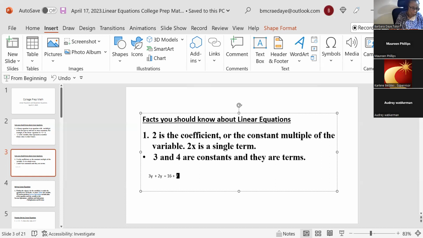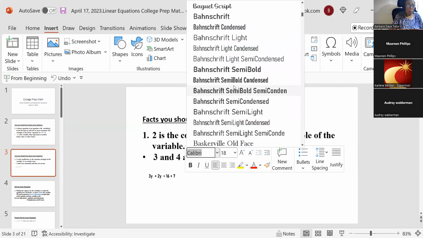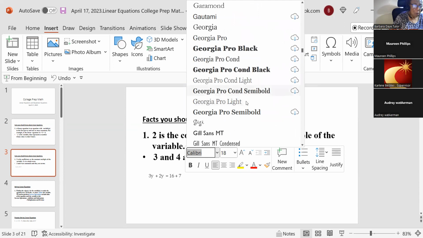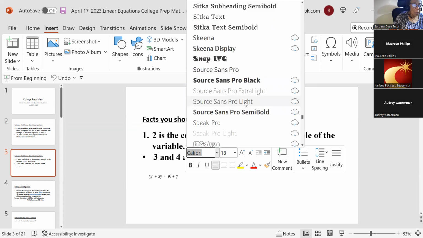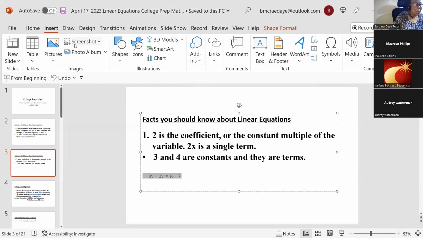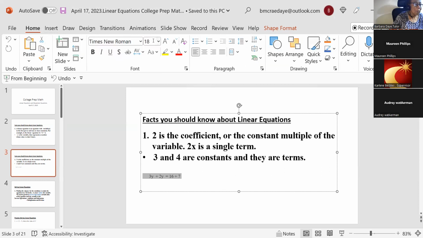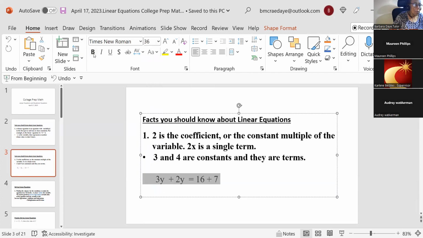This is a linear equation. 3y plus 2y equals 16 plus 7.